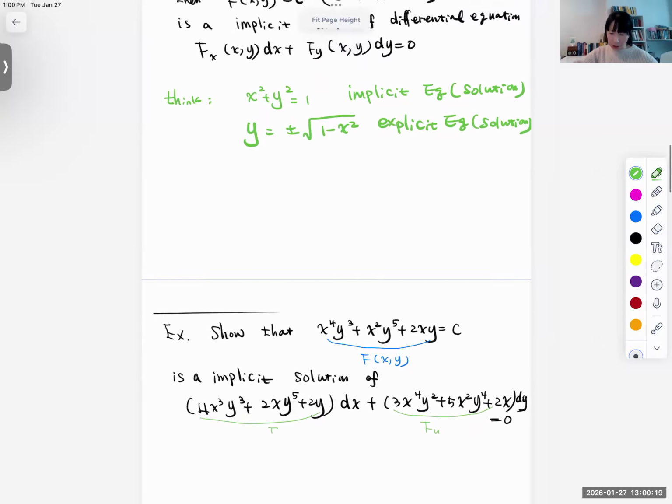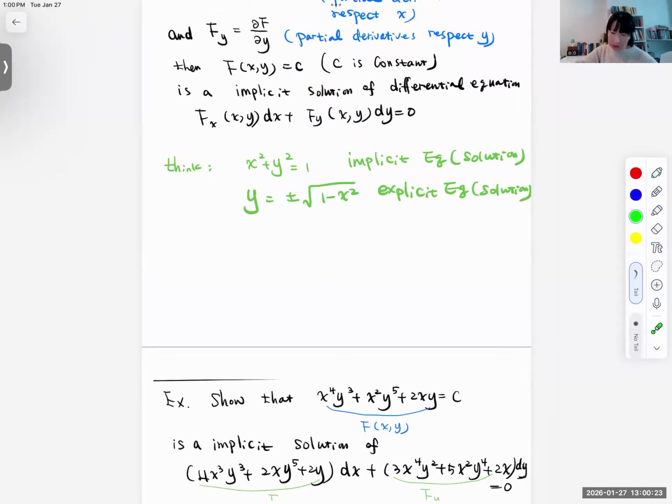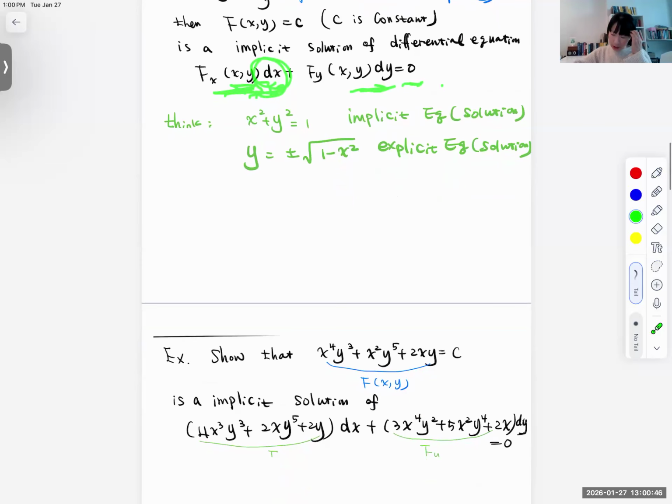Let's take a look at the theorem. They say that the continuous function equal to c, a constant, is an implicit solution of a differential equation, and the partial derivatives exist. Let's just show that.